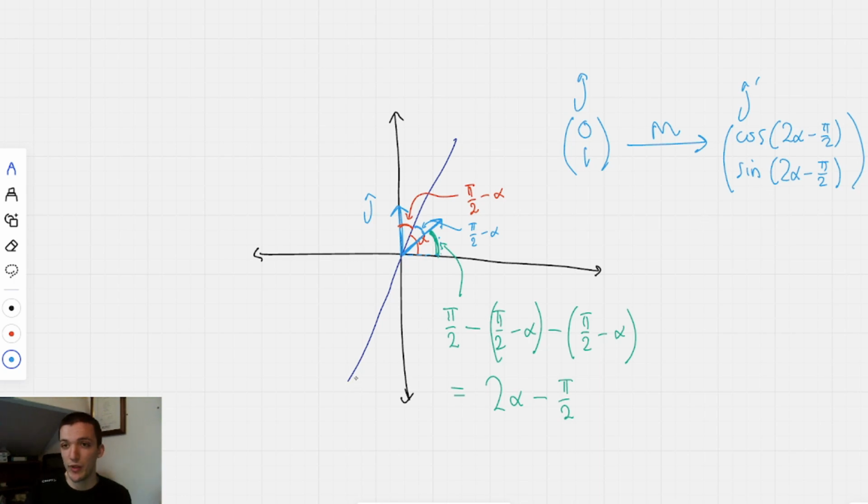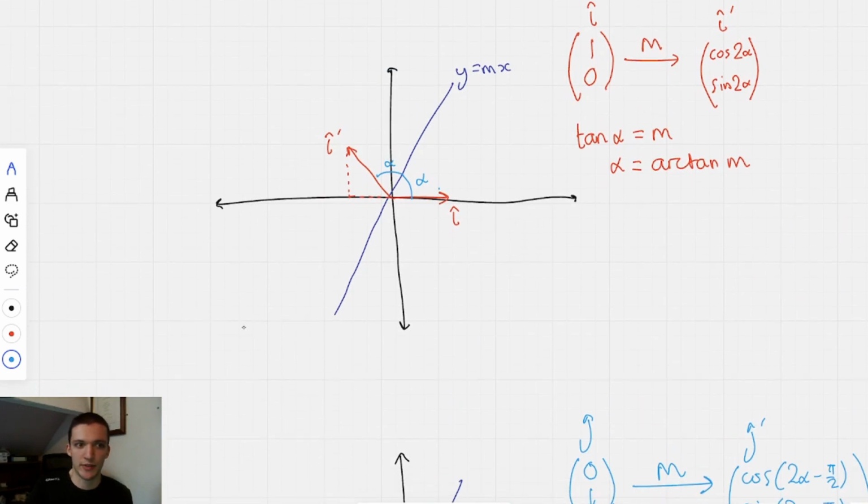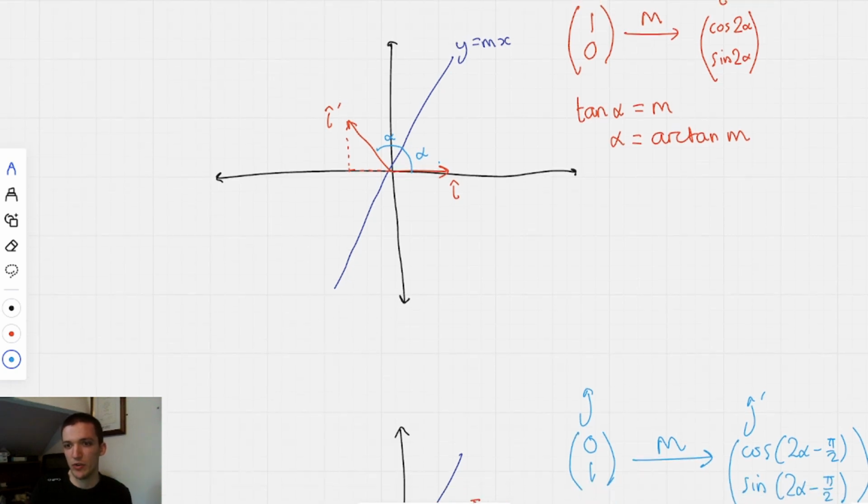Okay, we now have all the information we need to write down the matrix which represents the reflection of the unit vectors in the line y equals mx. As a reminder, here was the transformation of I hat, and down here is the transformation of J hat.